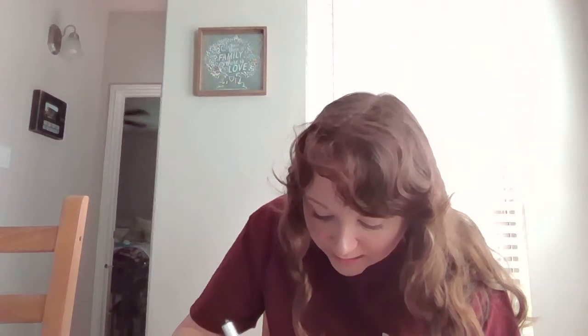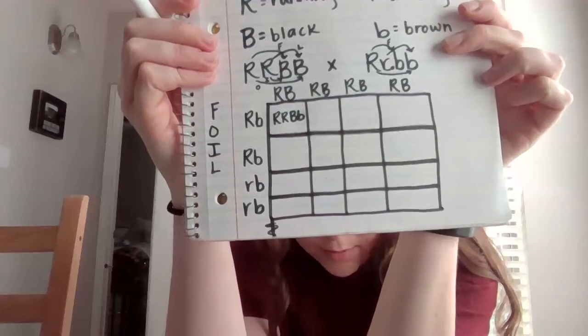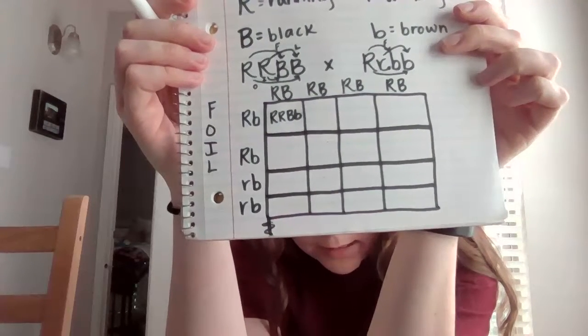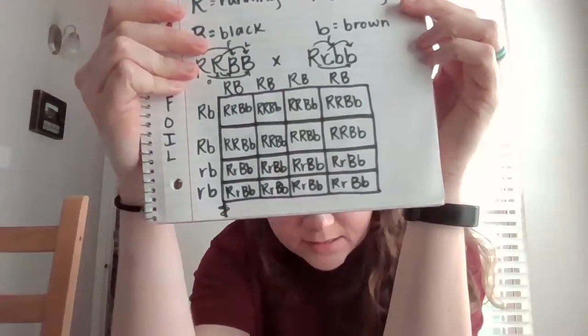So just for running, the capital R would always come before the lowercase r, and just for hair, the capital B would always come before the lowercase b. Then we write out and match. We write out all of the genotype there, and that's one of the possible genotypes for our mice. Then we go through and fill all the rest out. My filled out Punnett square should look like this.